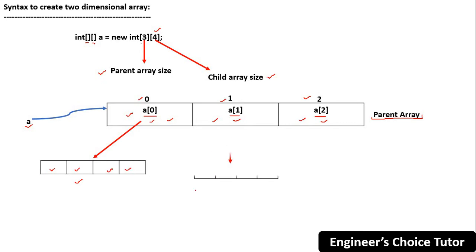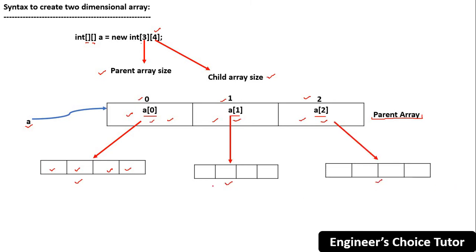For a1 also, another child array is present, and for a2 also this child array is present. These three are child arrays. Is it clear what is the parent array and what is the child array? I hope this much is clear with this example.